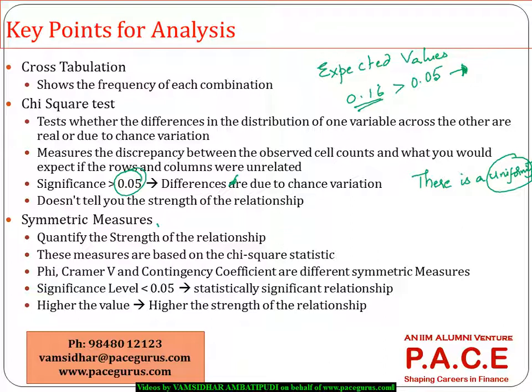The moment I had got this value less than 0.05, I could have easily made a statement saying there is a difference in the proportions across the various marital statuses, across the various smoking statuses. But here I don't have such a statement to make. I can very well say that there is a uniformity existing across the various marital statuses for the different smoking statuses, right?